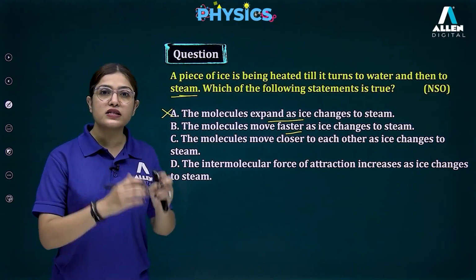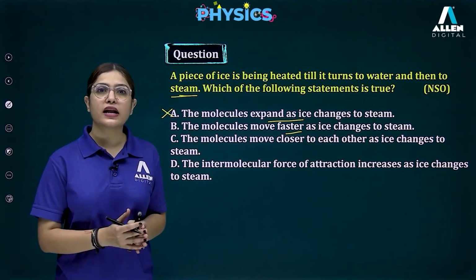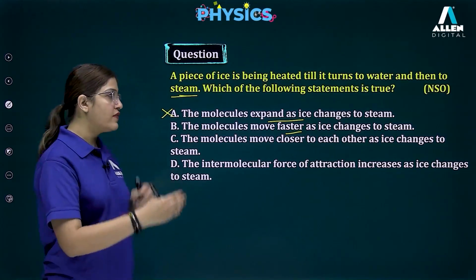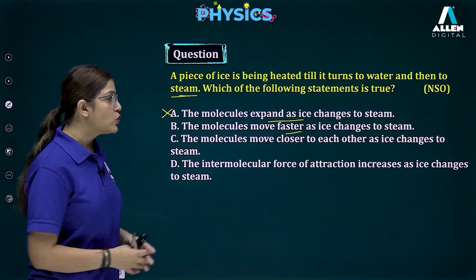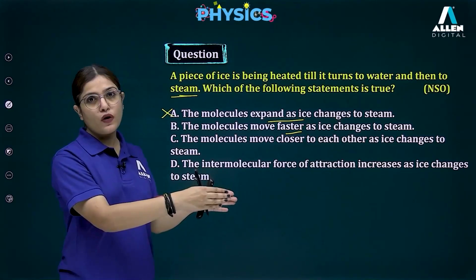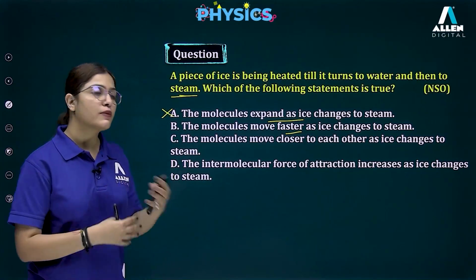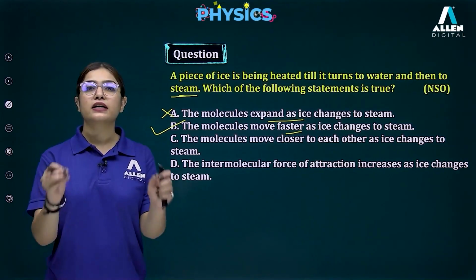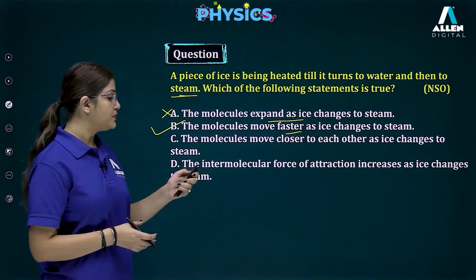Okay, when they start moving, why do they start moving? Because they are actually gaining the energy. When we are providing the energy to the molecules, they will start moving faster. So when ice is going to change in the form of steam, the molecules will start moving faster, and that is the reason we are going to tick on the B option. The B, it is a correct answer of our question.